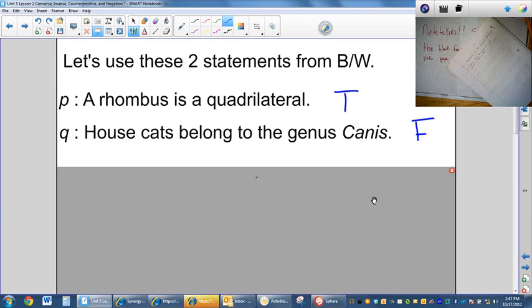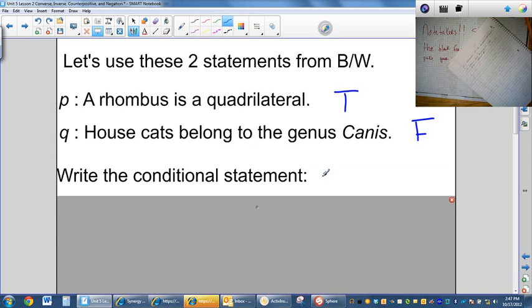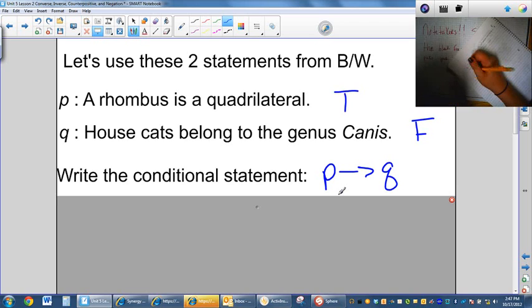I want you to write a conditional statement. If P, then Q. Go ahead and write that.